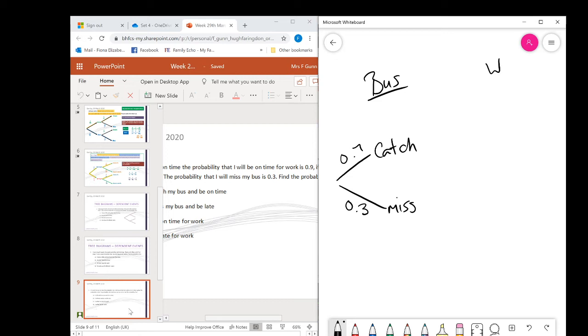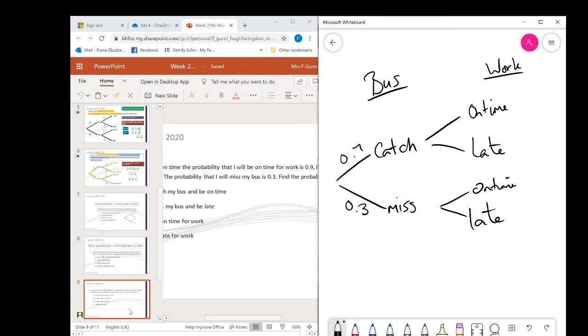Then the next event is whether I'm going to be on time for work or not. So arrive on time, or late, and then on time or late. So if I catch my bus, the probability I'll be on time for work is 0.9, which means the probability they'd be late is 0.1.